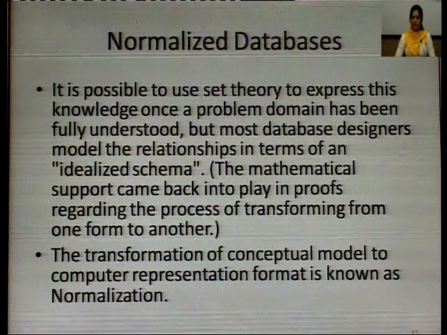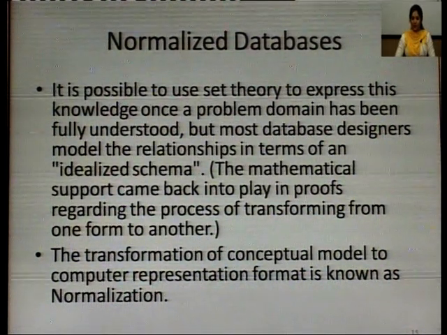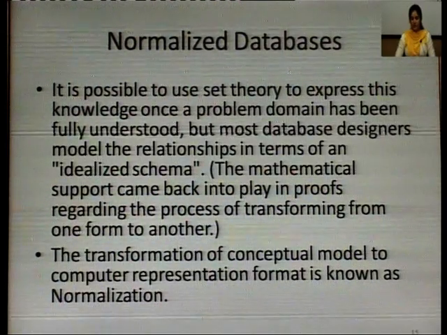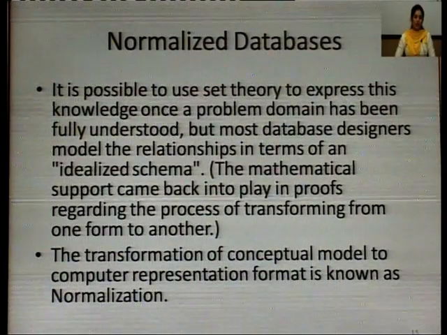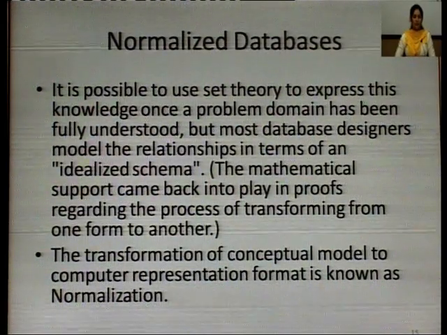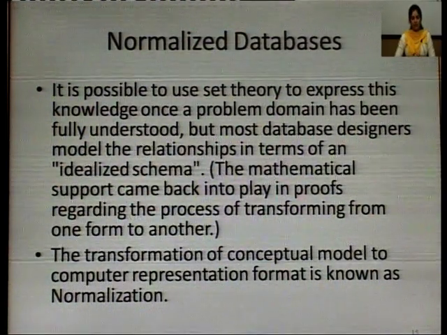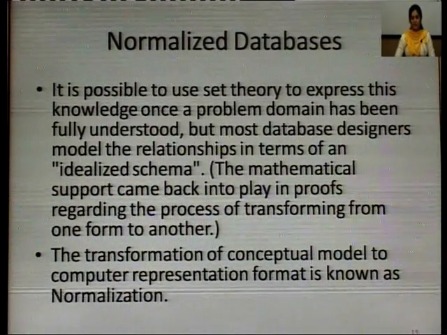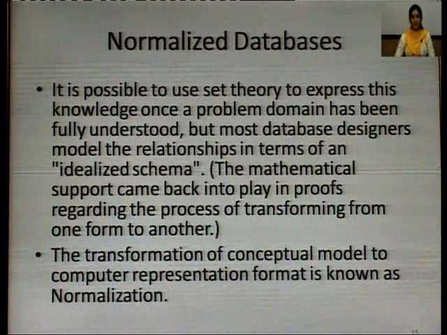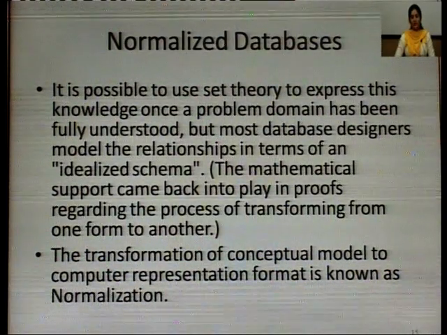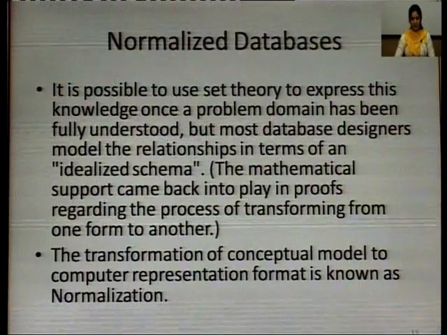The mathematical support came back into play in proofs regarding the process of transforming from one form to another. Whenever we are talking about a relational database management system, you may relate the RDBMS to set theory, which is used in mathematics. There are a number of sets. The way you join the sets, a similar method is applied in databases also.